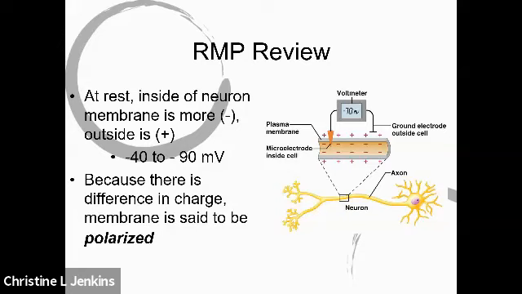So we know that along the cell membrane, we have these protein channels, right? Which ion is found in higher amounts inside of the cell? So we have more intracellular potassium, and we have more extracellular sodium.